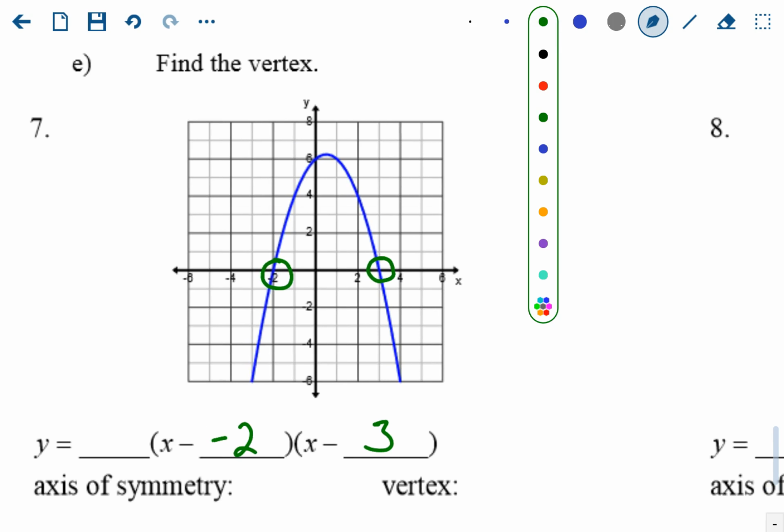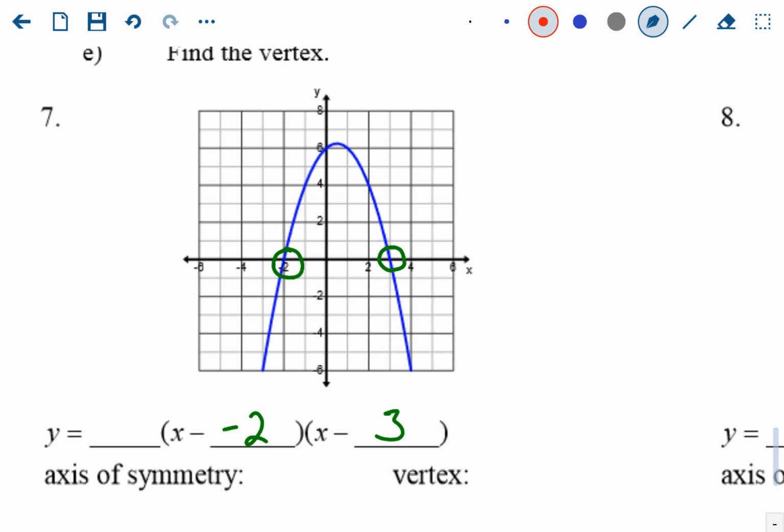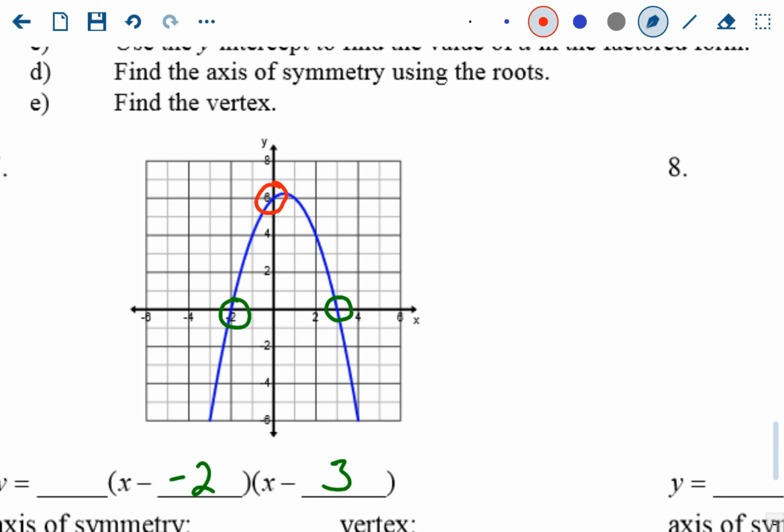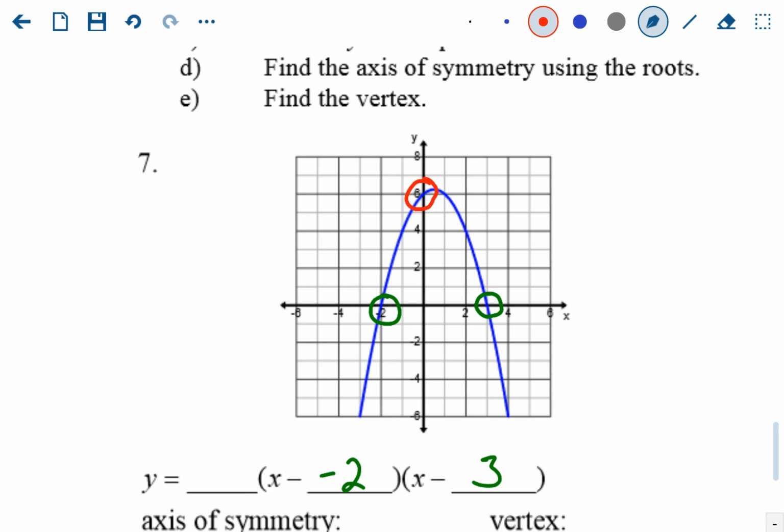Finding the a value is a little tricky because, I mean, we know what the y-intercept is. Y-intercept is 6. We can see that on the graph. But finding the a value, the number in front, is a little different. We know that the y-intercept is a times p times q. But we know p and q.